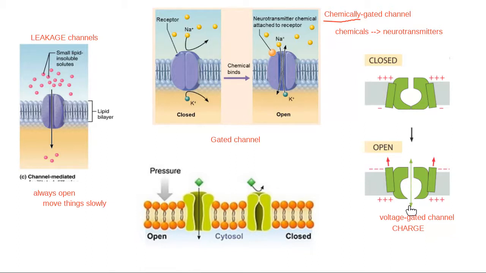See how I've got a channel now for stuff to rush in and out? Because the inside is positive when it used to be negative. So if we flip the inside from negative to positive, that could open or close these channels. If we go from positive to negative, anytime we talk about voltage gated channels, you should always be thinking charge. Voltage means charge.